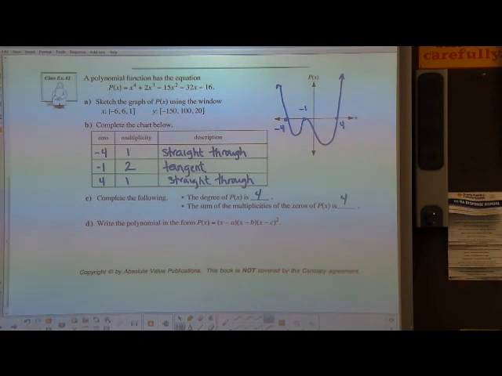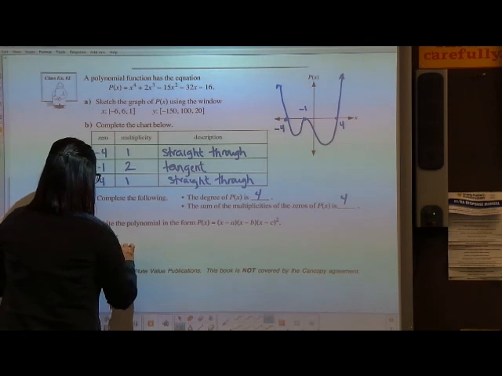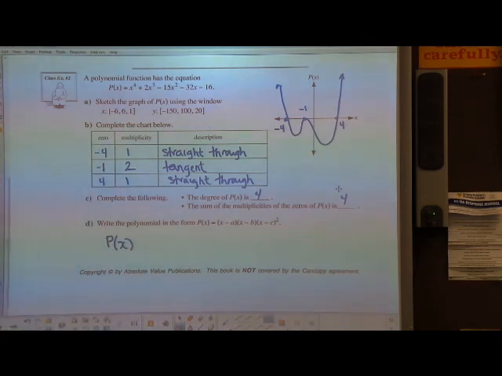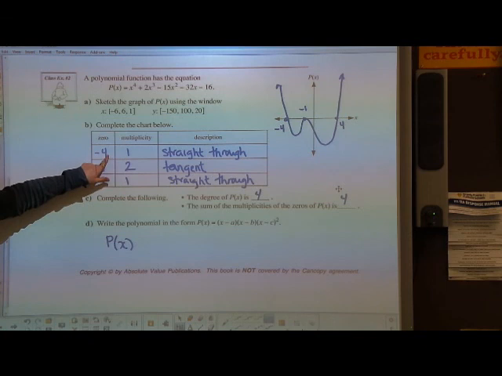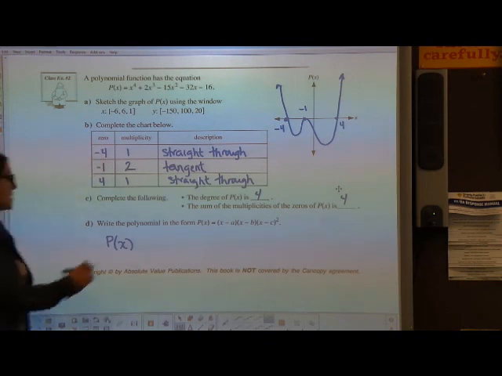So now if we were to write this in factored form, if I have a zero of -4, my factor would be x plus 4.